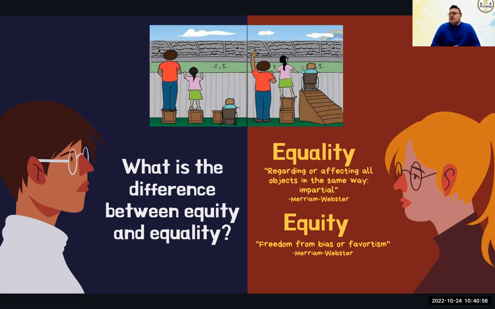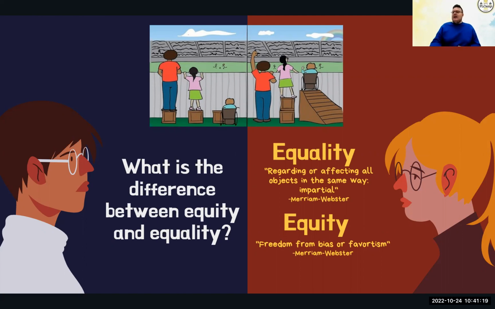So you can see the difference a little bit in the definitions, but us looking at this, it kind of helps me to understand just telling a student isn't always going to help them understand what equity truly is.